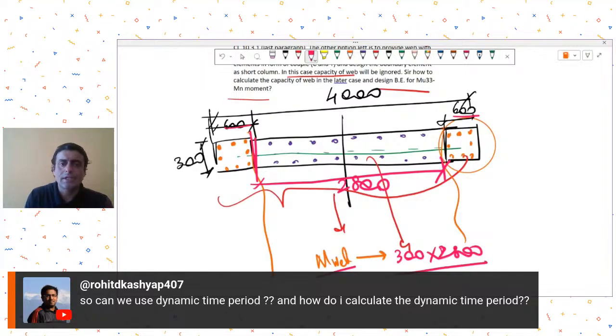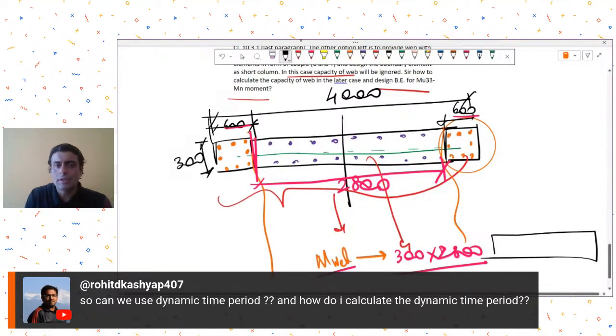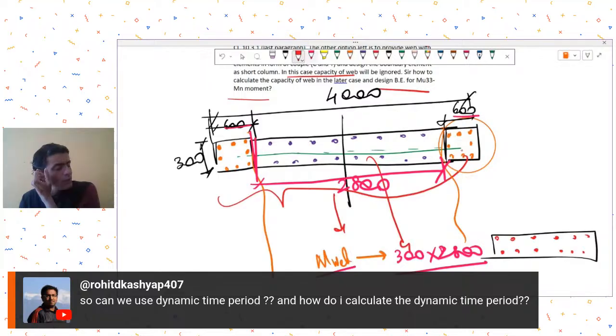Now for this section, you will appreciate that the reinforcement arrangement is symmetric about the minor axis, isn't it? It is like this, equally distributed on two faces about the minor axis. So you use annexure A for this.